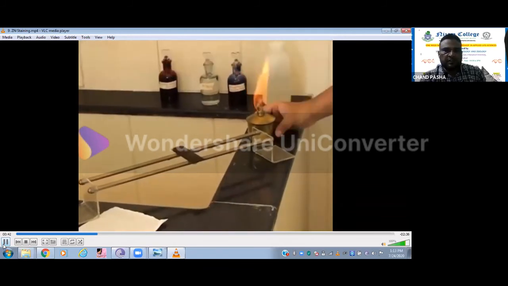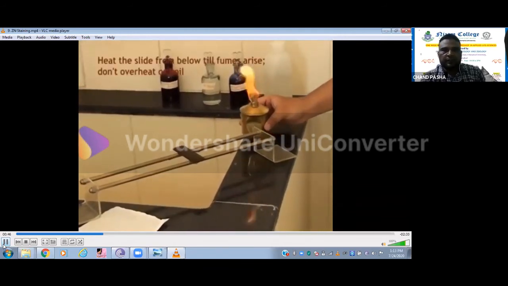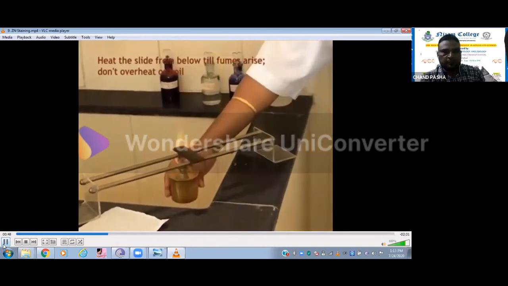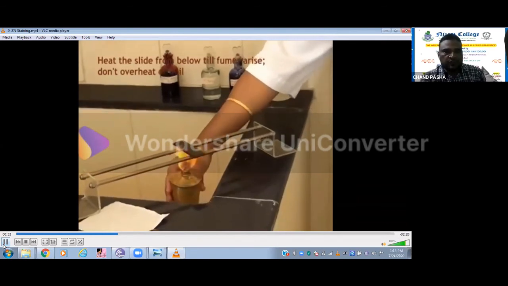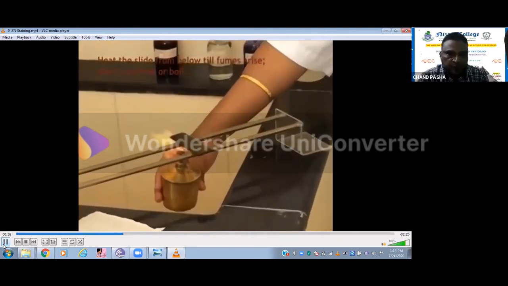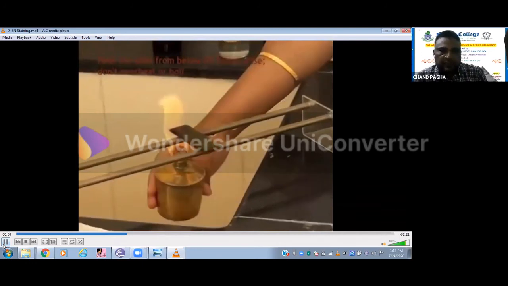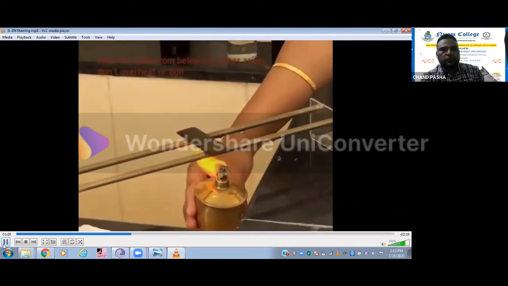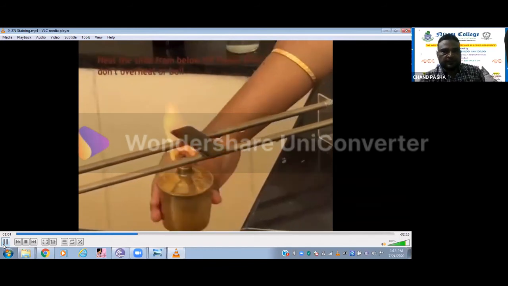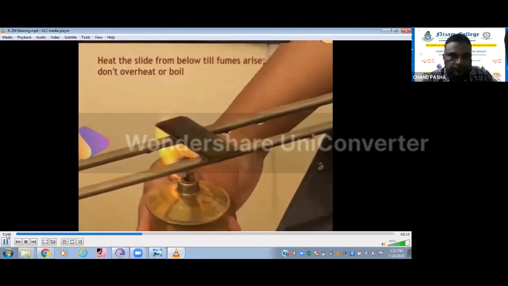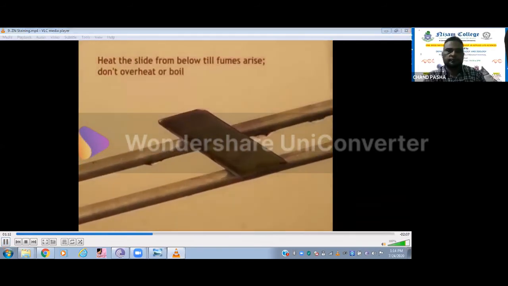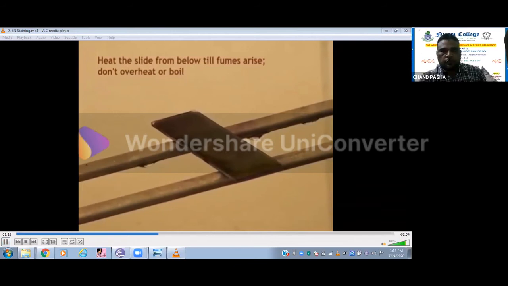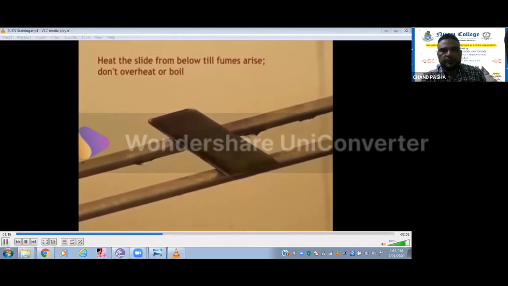Actually, as the mycolic acid is very hydrophobic, even carbolfuchsin will not easily penetrate through it. So for heating, you need not boil, just see the fumes, a little amount of fumes should come out. Till that phase, you are supposed to do the heating. Don't do the complete drying kind of boiling. So 1 or 2 minutes of carbolfuchsin treatment with intermittent heating.